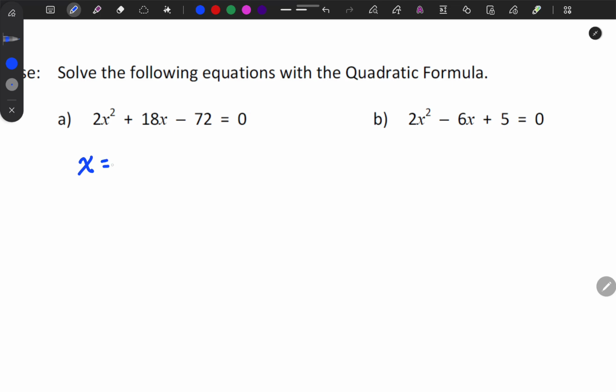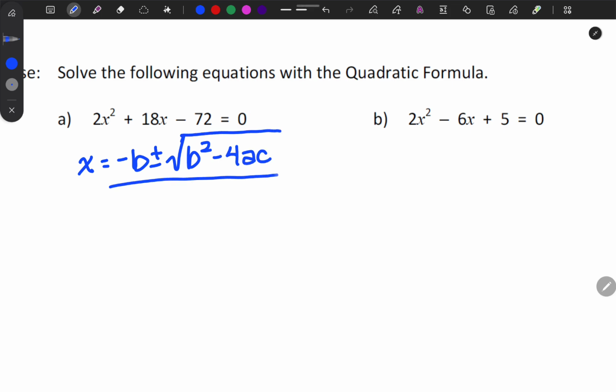So our formula is x equals negative b plus or minus the square root of b squared minus 4ac all over 2a, and I'll identify a is 2, b is 18, c is negative 72, working with slightly larger numbers here.